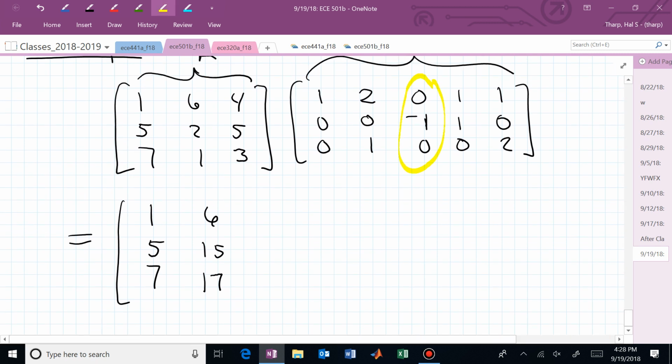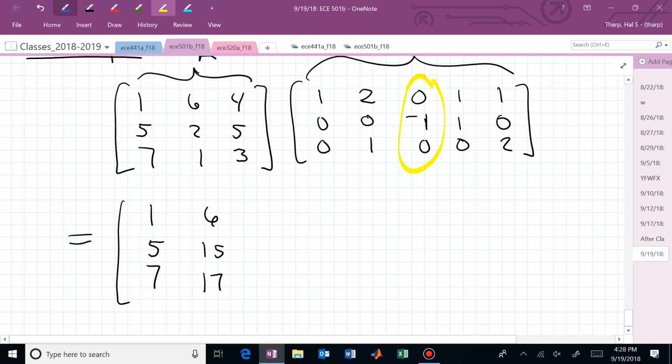This one, using that strategy, is really saying take and weight the first column with 0, weight the second column of A with -1, and weight the third column with 0, and add those up.